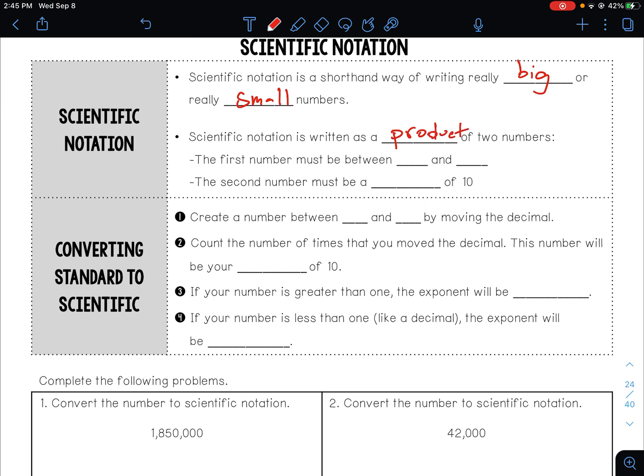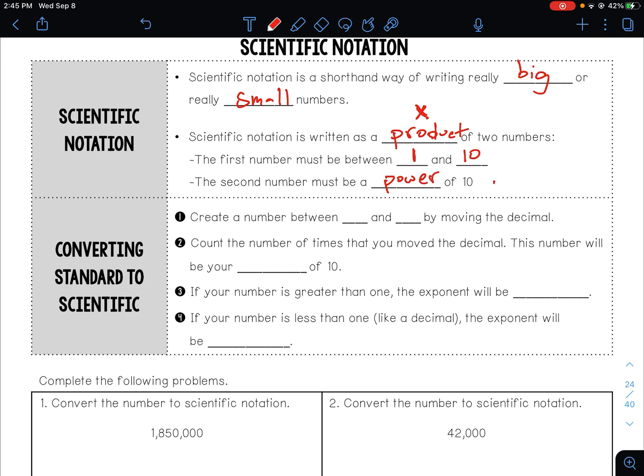It's the answer of a multiplication problem, and there's a little multiplication x. The first number must be between 1 and 10, and the second number must be a power of 10.